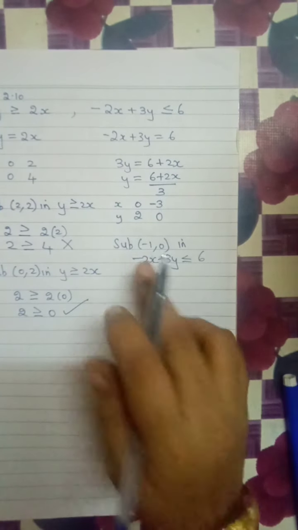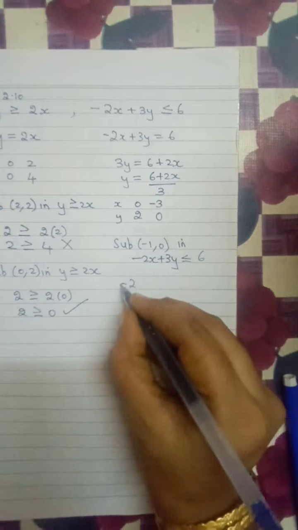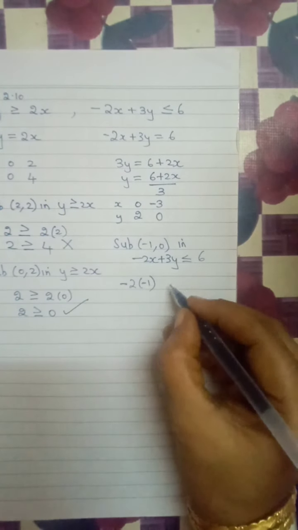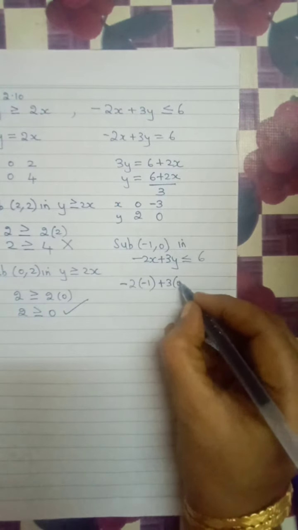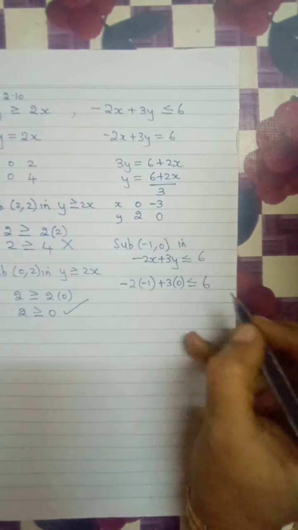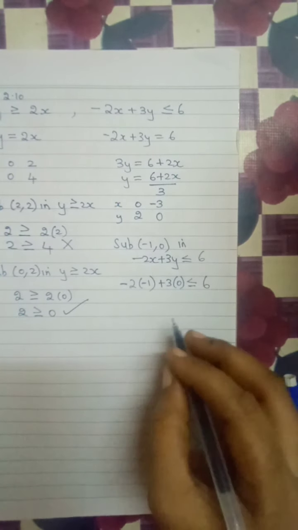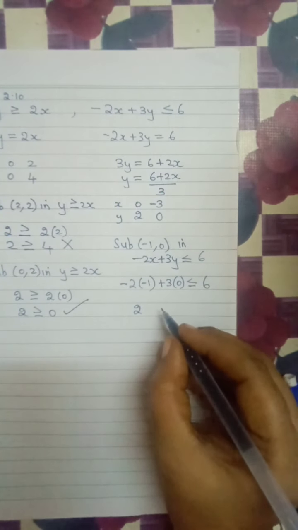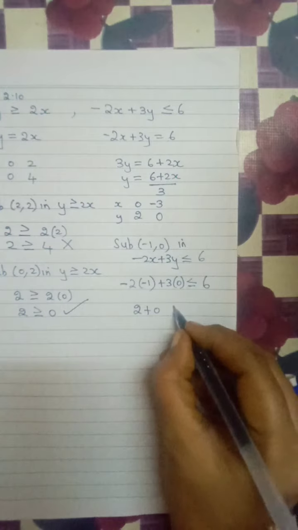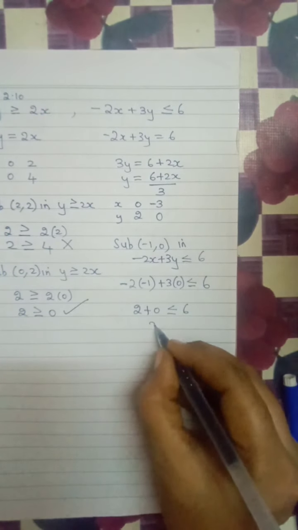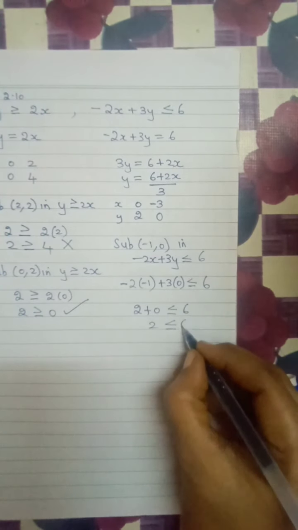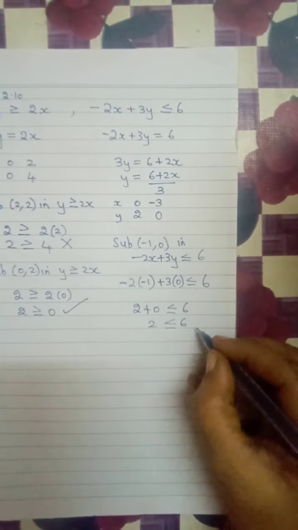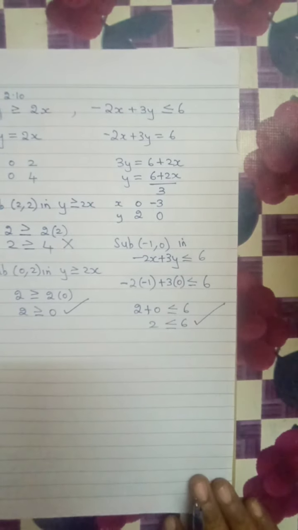Where x is there, I put minus 1. So minus 2 into minus 1 plus 3 into 0 less than or equal to 6. Minus 2 into minus 1 gives plus 2, and 3 into 0 is 0. So 2 plus 0 is less than or equal to 6, that is 2 is less than or equal to 6. Surely 2 is less than 6, so the inequation is satisfied.